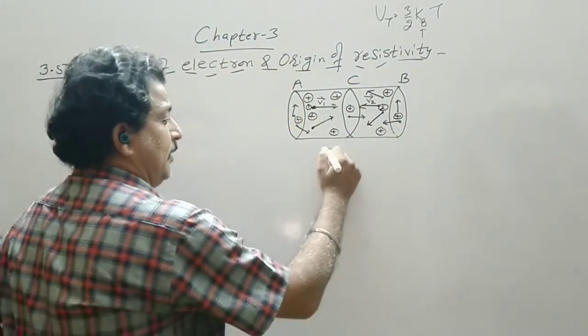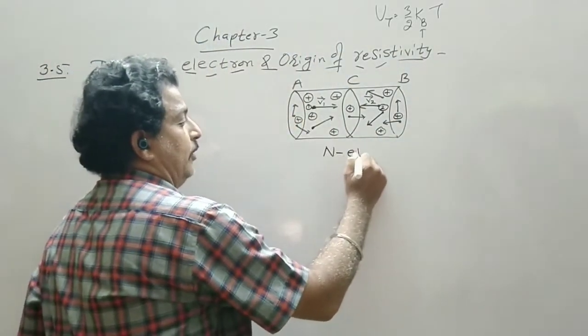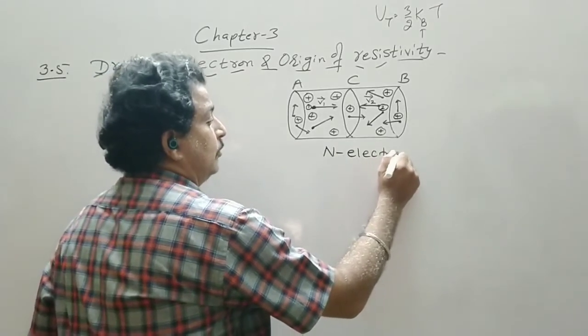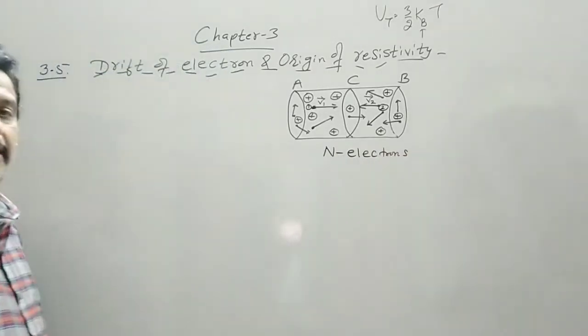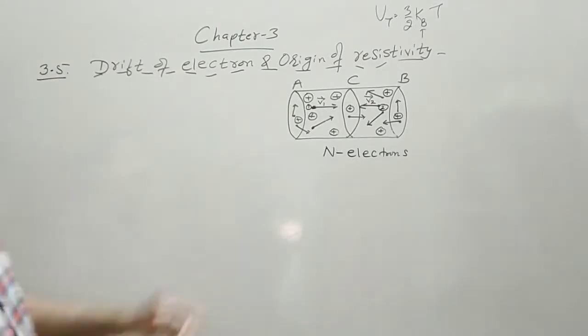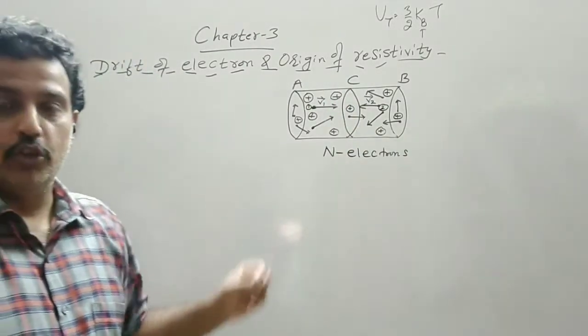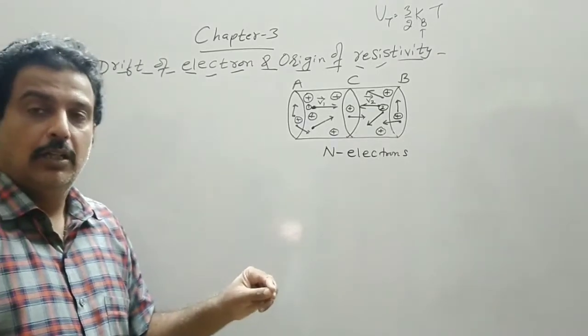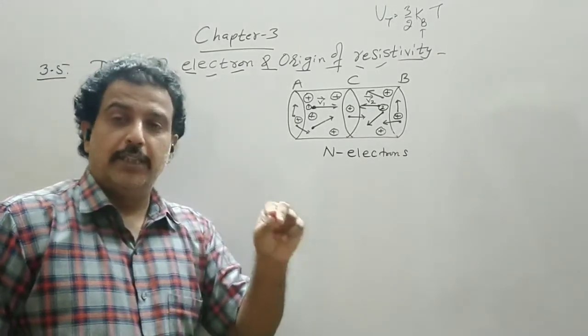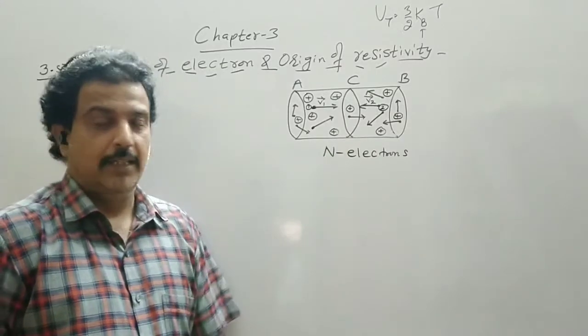So let us consider there are capital N electrons. All the electrons are in random motion, and after collision they will emerge with the same speed.